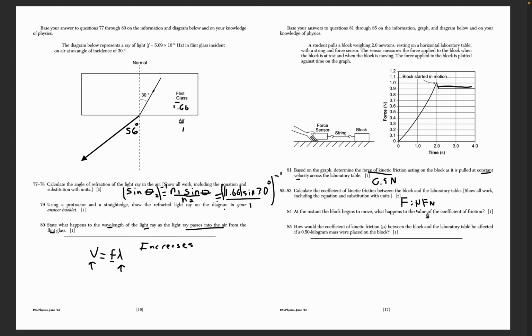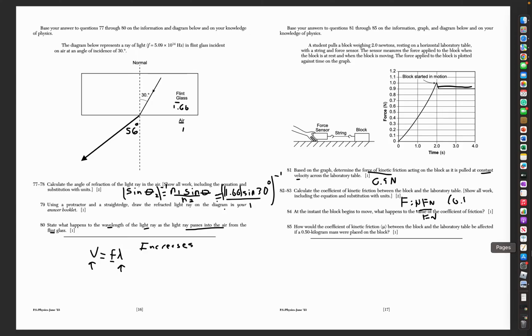Which means that we're trying to solve for the coefficient, mu. We divide both sides by the normal force, and the force divided by the normal force will give you the coefficient of friction. So the force is 0.9 newtons.